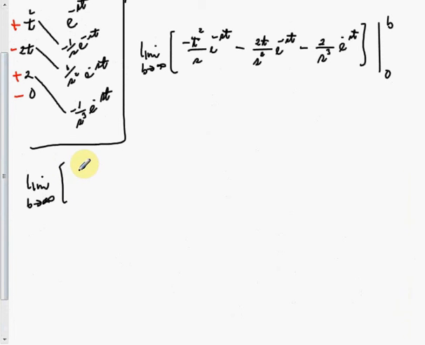So this is negative b squared over s times e to the sb, minus 2b over s squared times e to the sb, and this is minus 2 over s cubed times e to the sb.